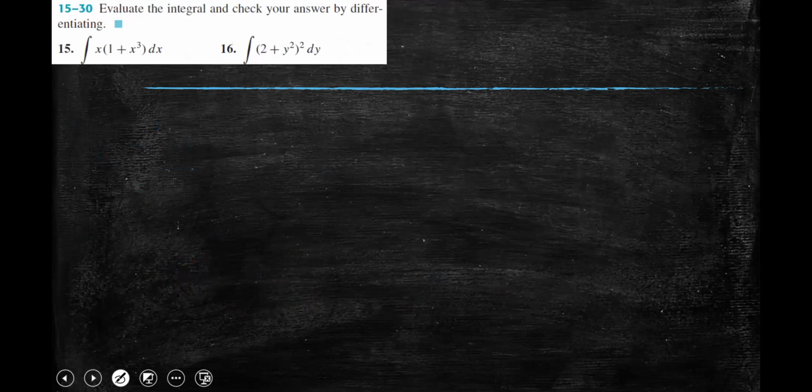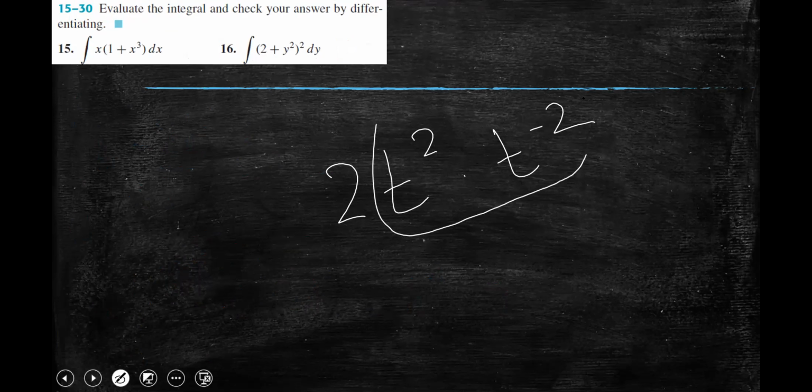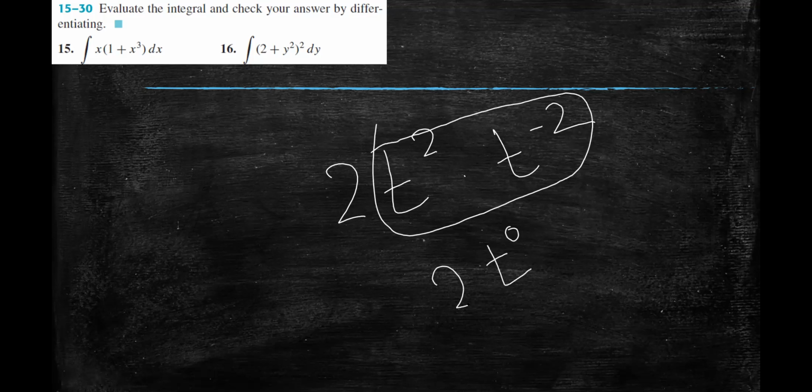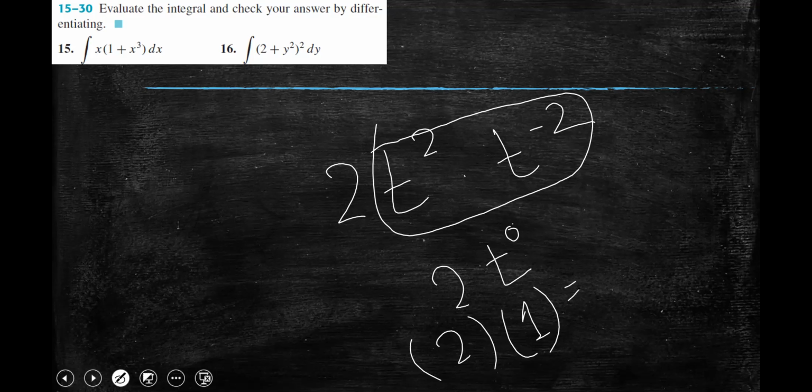It's like 2t to the power 2 times t to the power negative 2, which is t to the power 0 times 2. Now t to the power 0 is 1, times 2, it will be 2. Okay?